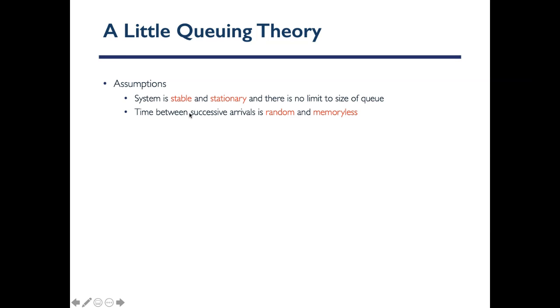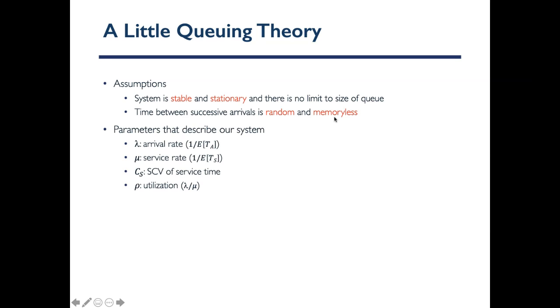In that setting, let's assume that the time between your successive arrivals is a random and memory-less random variable. Now we're distancing ourselves from that very simple deterministic model. We're saying the arrival times are random variables. So the arrival rate becomes 1 divided by the expected value of TA, because the TAs are not fixed, they're random, but I can get their average and then define my arrival rate.